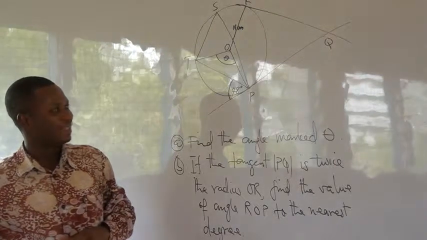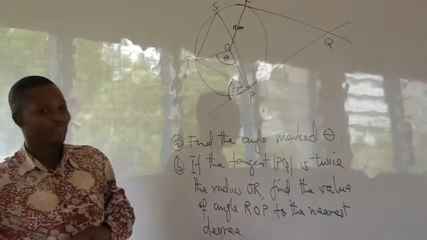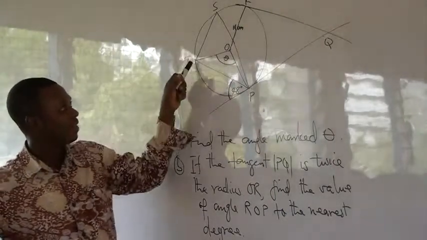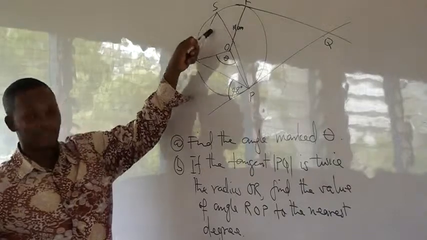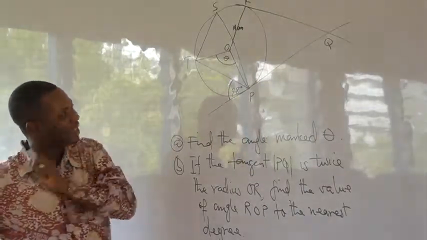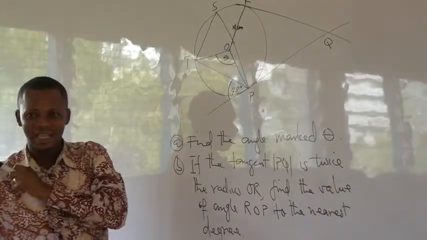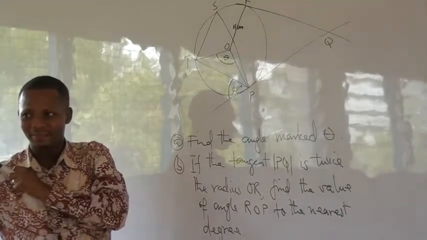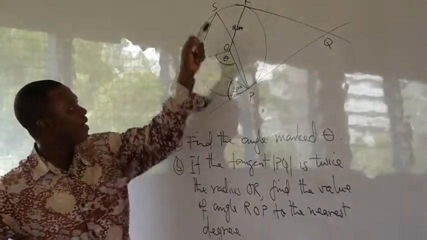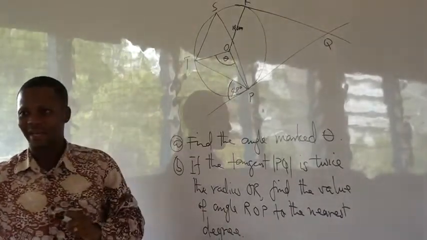Which angle is that? TSP or PST, isn't it? Yes, PST. So this is going to be 48 degrees. Now the angle theta is also being subtended by the same chord PT at the center. And what then is the relation between PST and the angle theta?